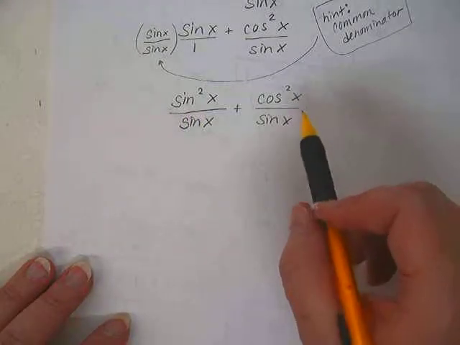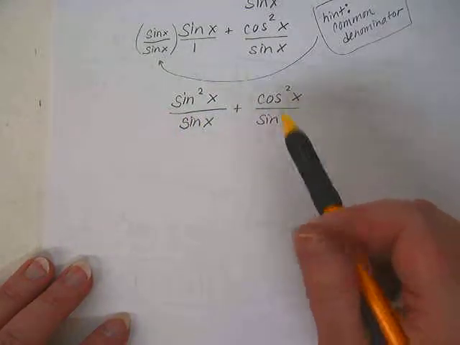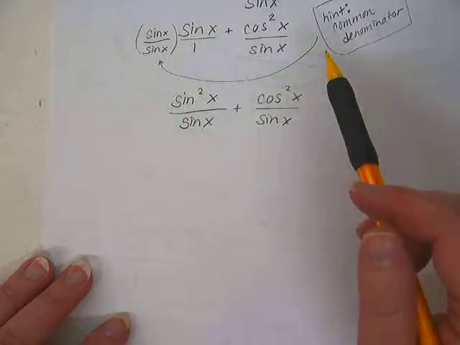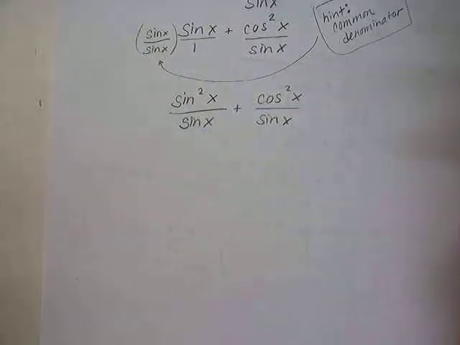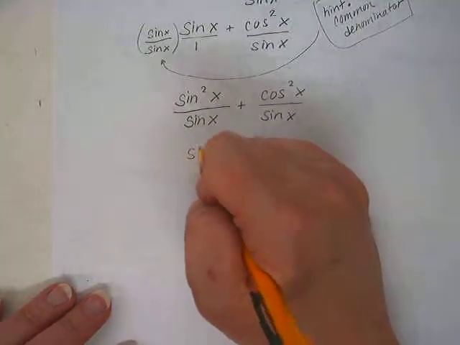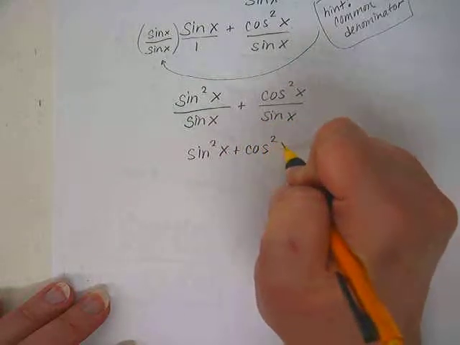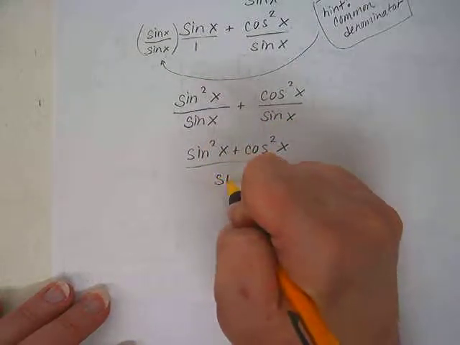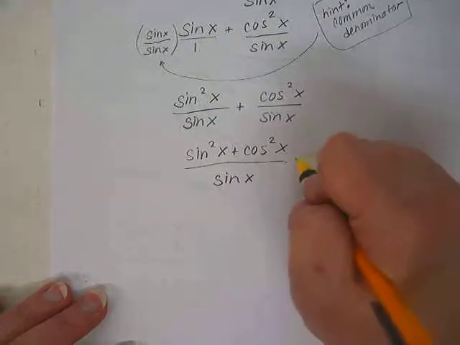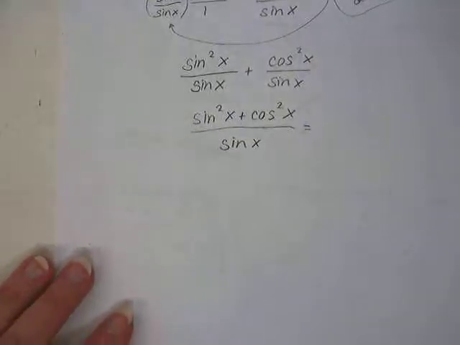If they have a common denominator, can we now add those two fractions together? So when you're adding fractions, the denominators have to be the same, and the numerators just add together and the denominator stays the same, correct? So you end up with sine squared x plus cosine squared x over sine x.